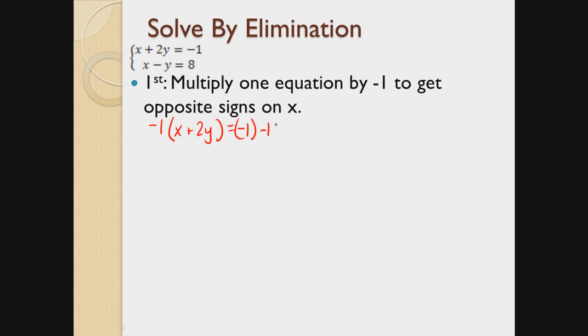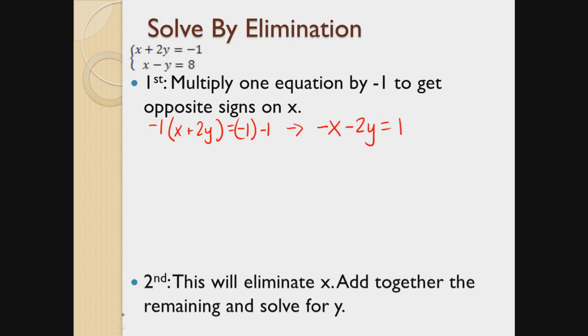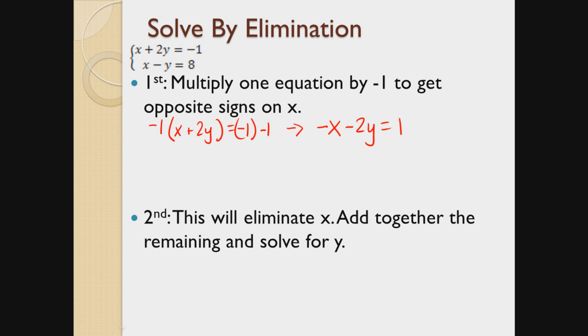Make sure that you multiply by negative 1 on both sides, so that the new equation becomes negative x minus 2y equals 1. All of the signs changed. Then we can add it together with our second equation.